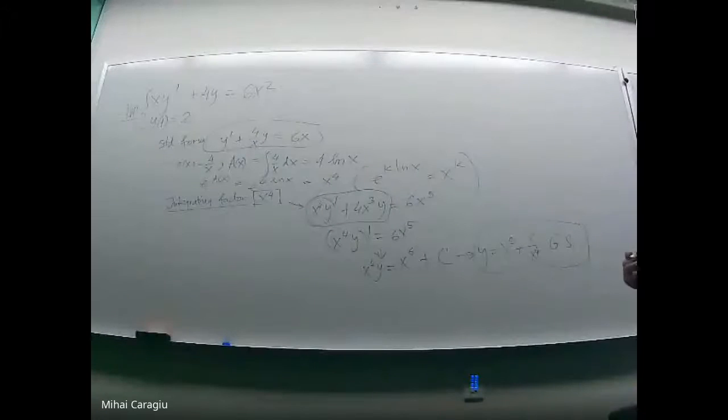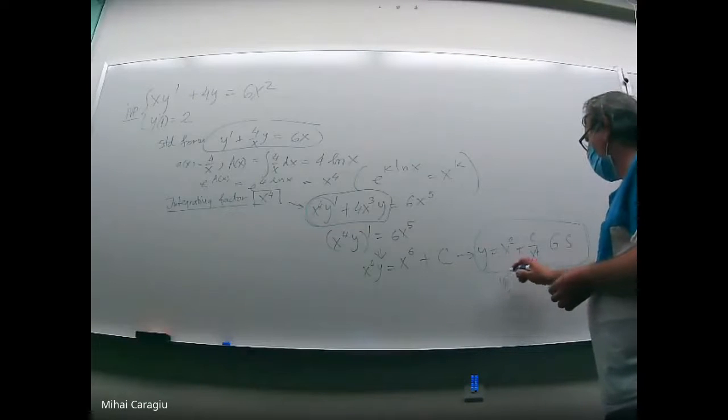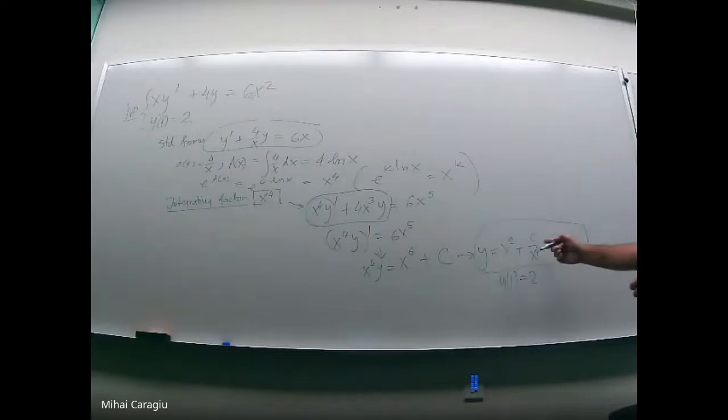Throw in the condition y of 1 equals 2. So let's see. Set x equals 1 and y equals 2 here. So what do we get? 1 plus c equals 2. Therefore, c equals 1.